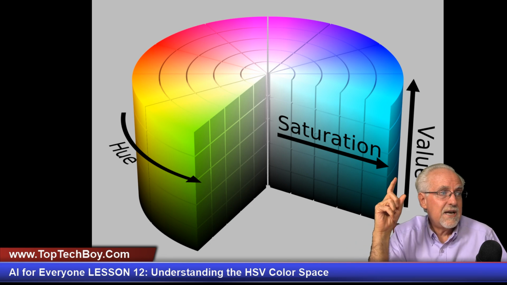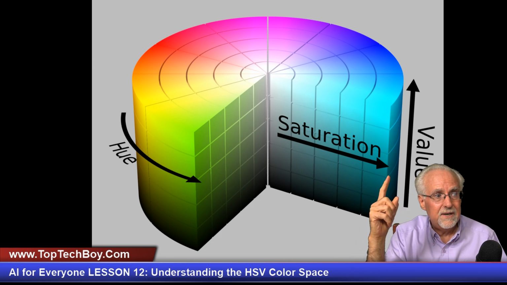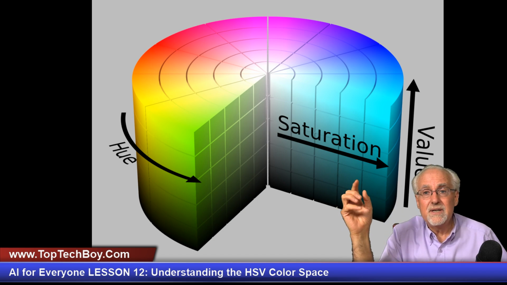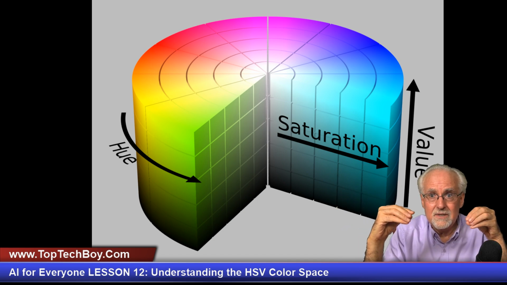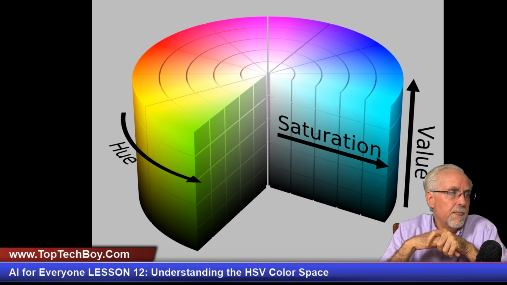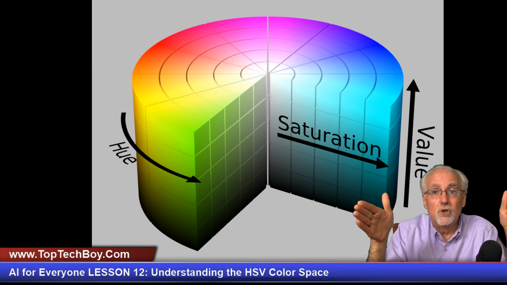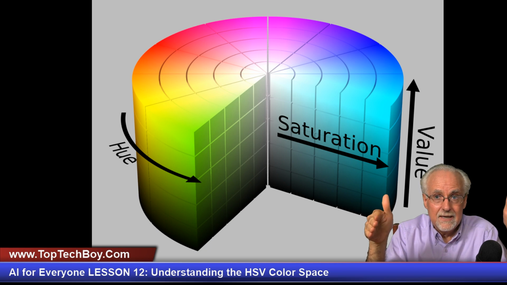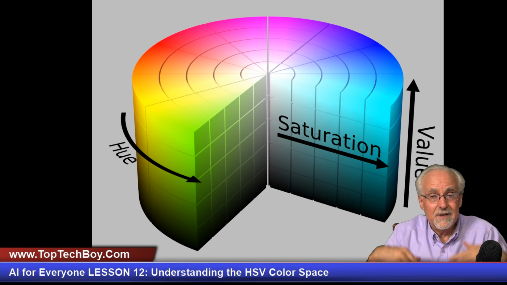So the hue is really what color it is. The saturation is how intense it is, and as saturation starts going down below 255, you're diluting it with clear. You could think of it that way.